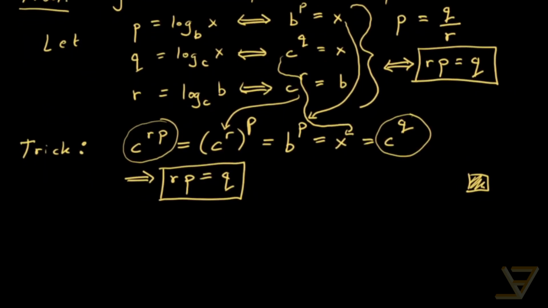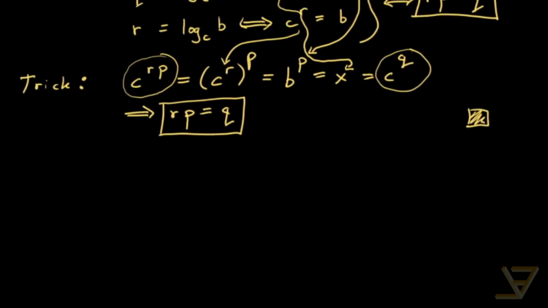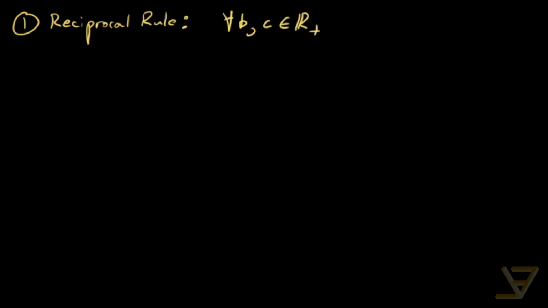What I want to do next is show you a few special cases of this identity which prove its usefulness. So the first one that I want to get into is called the reciprocal rule. And it says that for all b and c that are positive reals, it's true that log base b of c is equal to 1 over log base c of b.